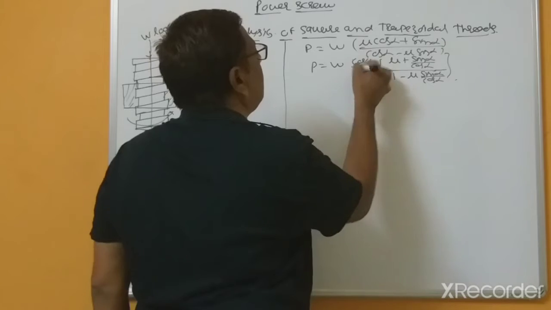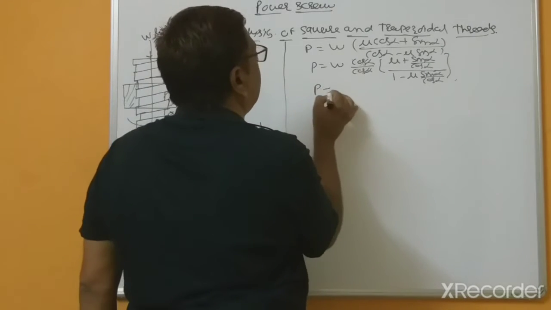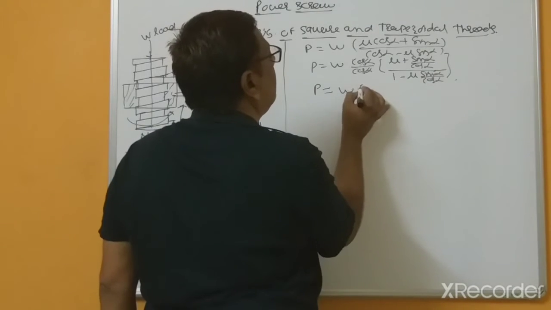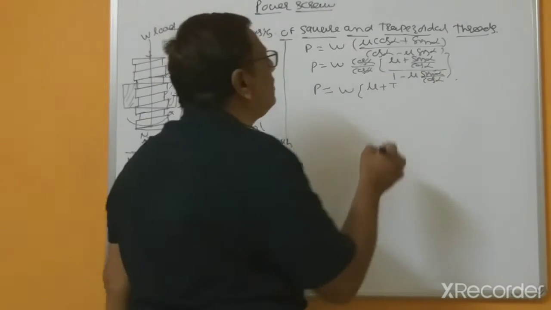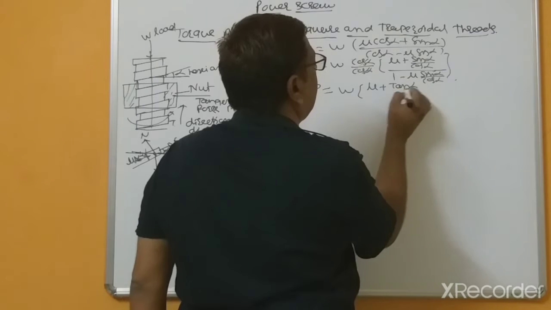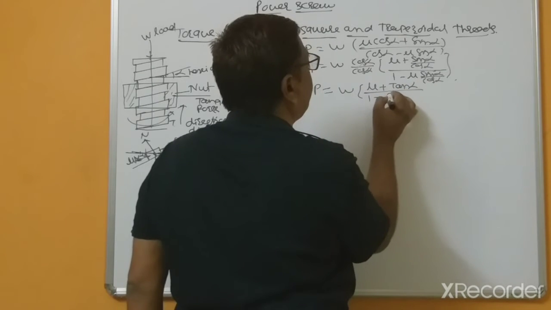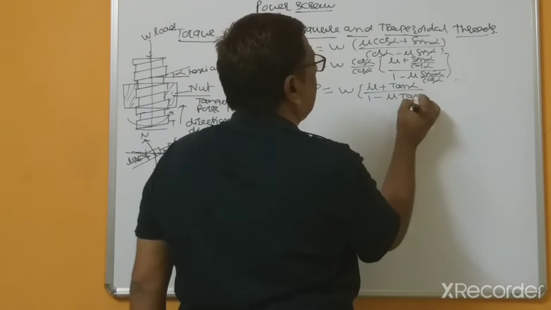So cos alpha will get cancelled, and remaining P equals W into mu plus tan alpha divided by 1 minus mu tan alpha.